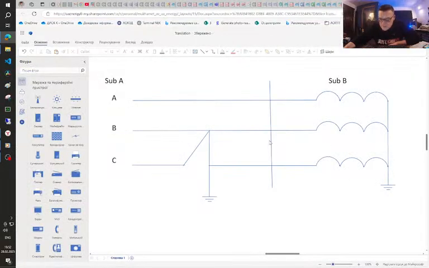this is a very, very strange look, because it's easier to think that power flows something like that through this short circuit.